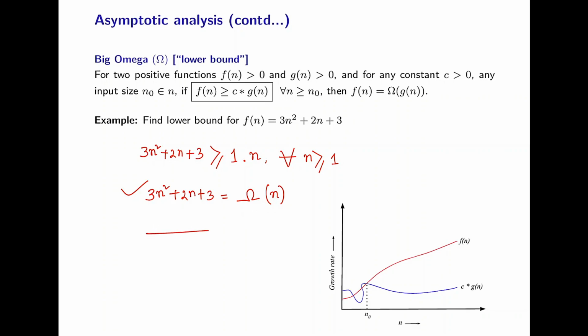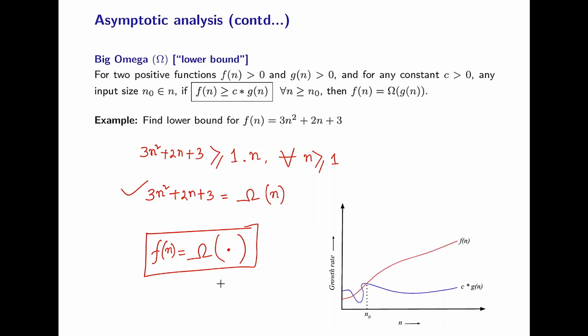Here the important point for big omega is that if I say f(n) is equal to big omega, I can write anything here that is equal to f(n) or less than f(n). In case of big O, it was equal to or greater than. Now it is equal to or less than.